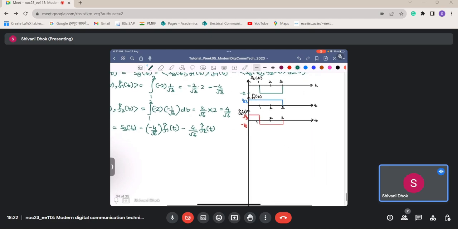So now let us draw these. This is 1, 2, 3. This is 1, 2, 3. So here what I am sketching is minus 4 by root 3 f1 hat of t.